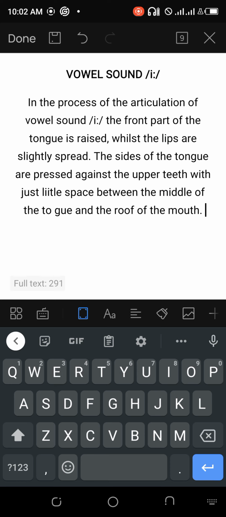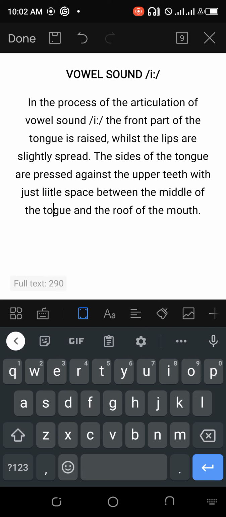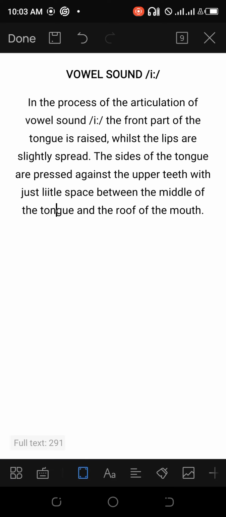The sides of the tongue are pressed against the upper teeth with just a little space between the middle of the tongue and the roof of the mouth. So if you want to articulate this sound correctly, we need to pay attention to what we have here. When you pay attention to it, you'll be able to say it correctly.